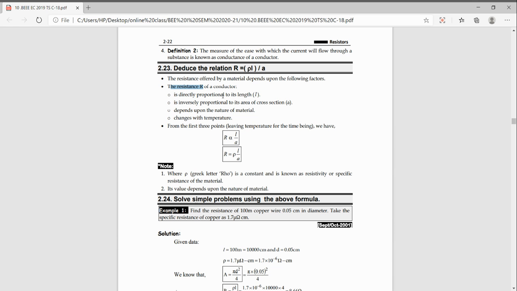From these points we can say that R is directly proportional to L and inversely proportional to A, and it depends upon the nature of the material, that is the resistivity, and it also depends upon the temperature. So resistance changes with the temperature. So this is how R is equal to rho into L by A.